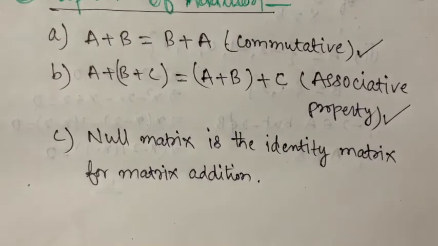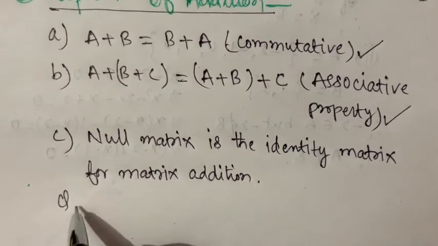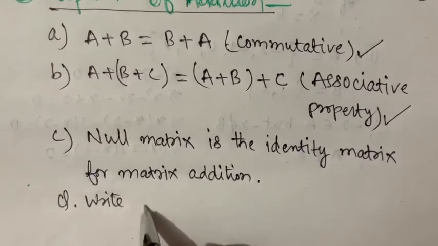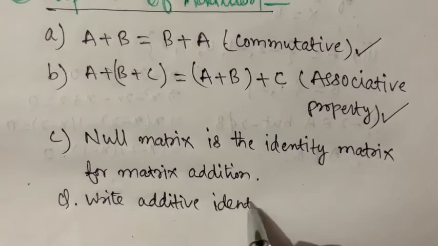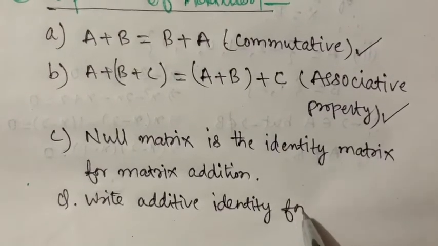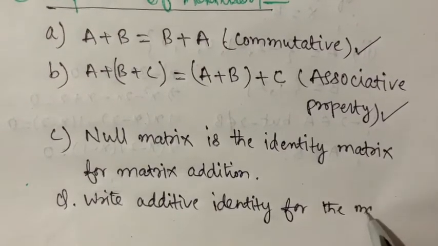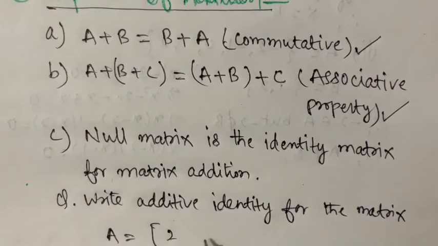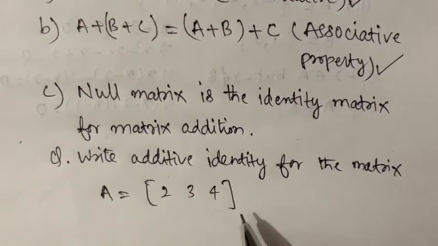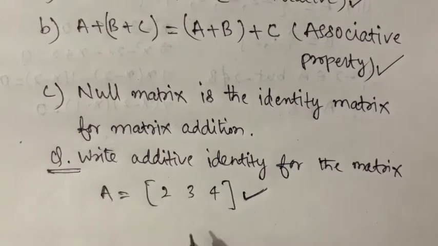Now we will have a question there. Let us suppose we are asked to write additive identity for the matrix A equal to 2, 3, 4. Then the additive identity for this will be what? It is a question.